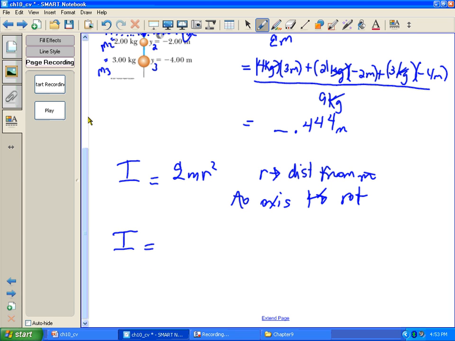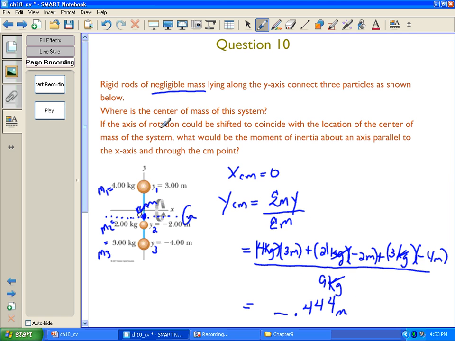So now we have to take into account where each of these masses is relative to the axis of rotation. In the case of M1, the 4 kilogram mass, R1 is equal to 3 plus 0.444. Now we're not subtracting it, we're adding it, because R is this distance right here.